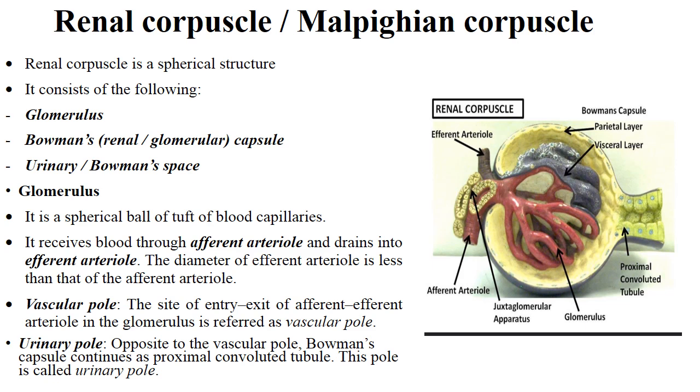So as we know that Bowman's capsule is bilayered, the outer parietal layer is lined by simple squamous epithelium and the inner visceral layer is lined by podocyte processes, and the space in between these two layers of the Bowman's capsule is known as Bowman's space or urinary space, and it has two poles. Vascular pole is the point of exit and entry of afferent efferent arteriole, and urinary pole is where the Bowman's capsule continues as proximal convoluted tubule.